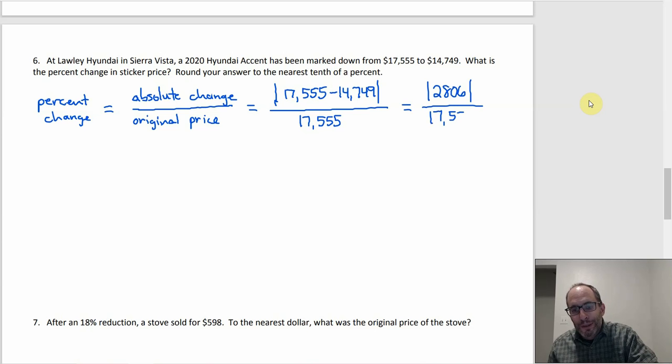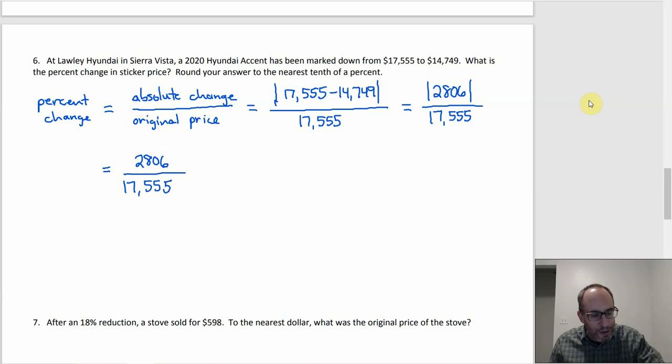But I'll leave it in there because if these were written the other way, so let's say I'd phrased it differently and I said it had been marked down to 14,749 from 17,555, then maybe you write it in the opposite order, but if you're looking for the percent change, it's an absolute concept, so you've got to take the absolute value of the numerator. So you'd still end up with 2806, since if you reverse the order of subtraction, the absolute value of negative 2806 is going to be positive 2806. So you'd get to the same place either way.